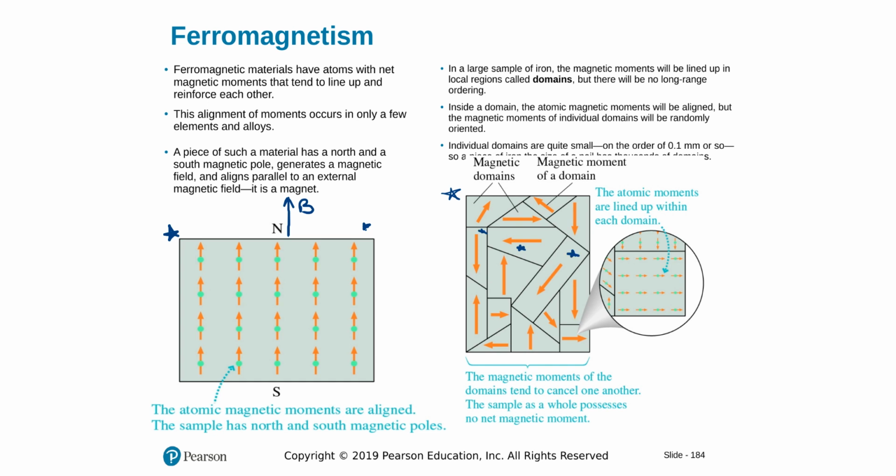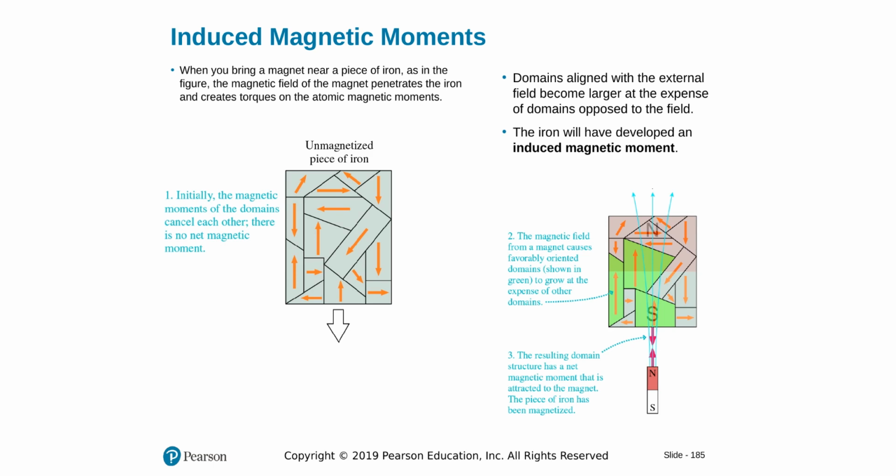And these domains of alignments can easily be aligned all together if we apply a magnetic field, which is why they align and they're attracted by the magnetic fields. And this picture is nicely showing that if we wait a bit later, most of these domains will align along the magnetic field, and we will have an iron to be attracted to the magnets.